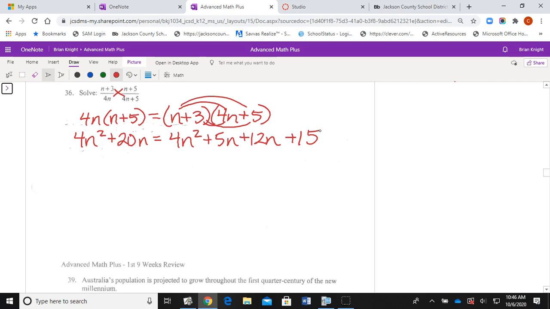And then we work it. What happens to the 4n squareds? They cancel. That's a good thing, because now it's not a quadratic anymore. What do I need to do with the 12n and the 5n?